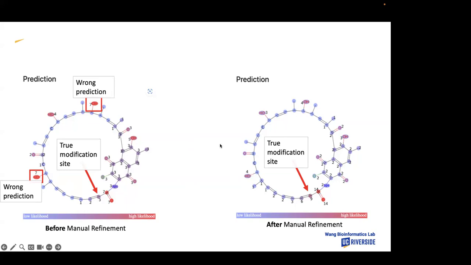So this is the manual refinement part of ModiFinder. Of course, because we are using an in silico fragmenter tool, we are not using the domain knowledge that a chemist could have. And that is always the best type of knowledge, as it comes from human knowledge and experience.